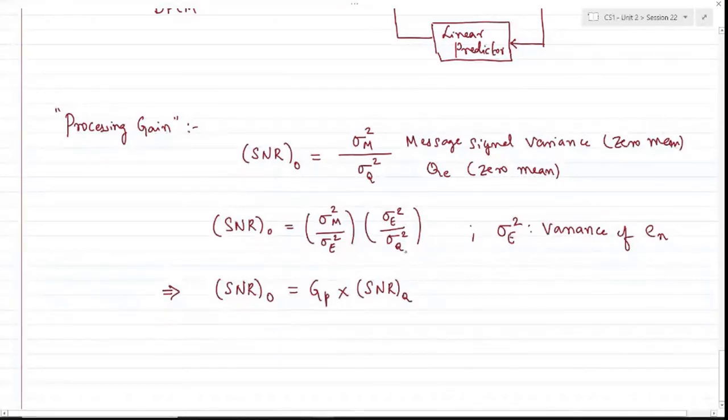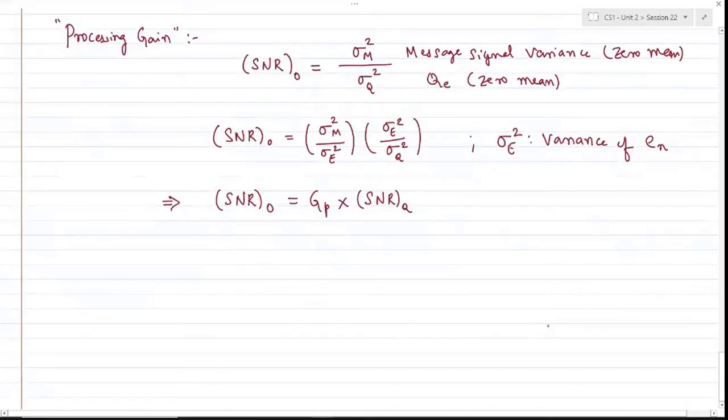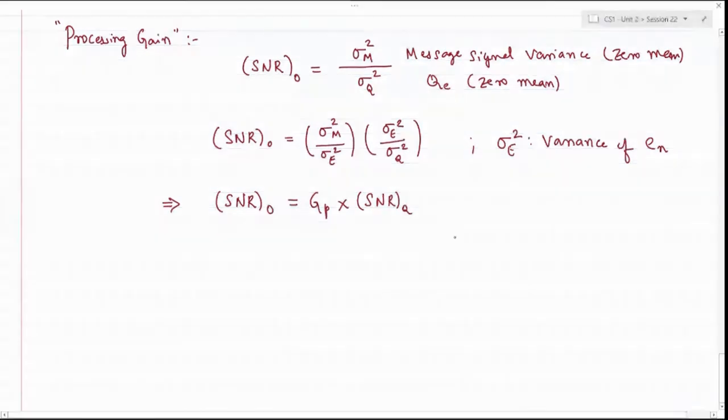Because the quantizer doesn't take the message signal now. The quantizer input is the error signal E itself, and hence the performance of the quantizing process is the ratio of variance of the error signal to the quantization noise, where GP is known as the processing gain.